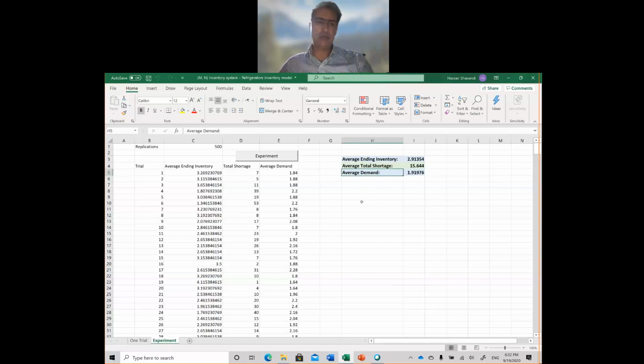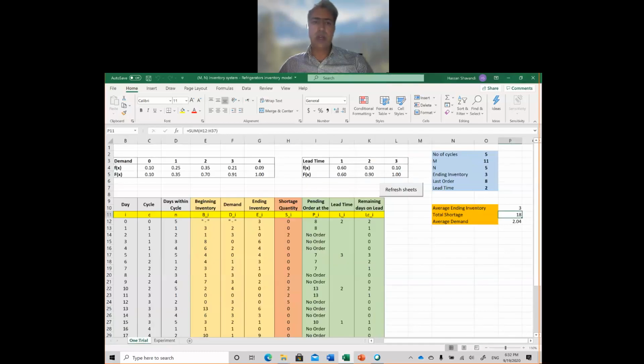So this is our simulation for the MN inventory policy. As you see here, we assume that M is given. The maximum level of inventory here is 11, and the period for reviewing the inventory and placing orders is 5. I mean, every 5 days we are going to place an order.